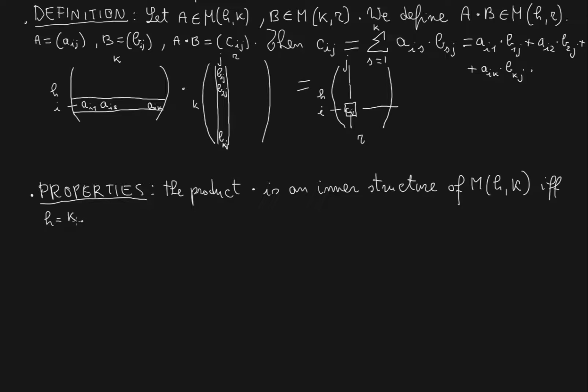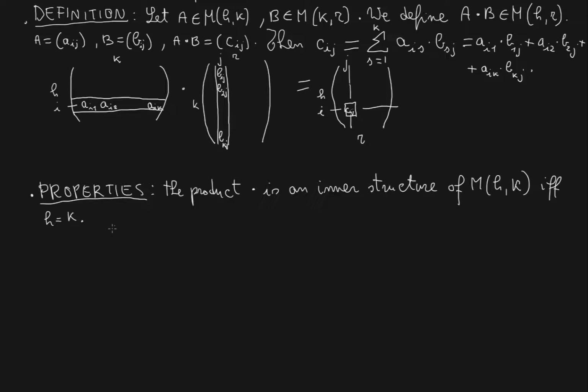So if H equals K, these matrices are square matrices. They have as many rows as columns, and they all have the same number of rows and columns. Therefore, taking any two matrices inside that set, the product is well defined and will still be an M_{H,H} matrix.